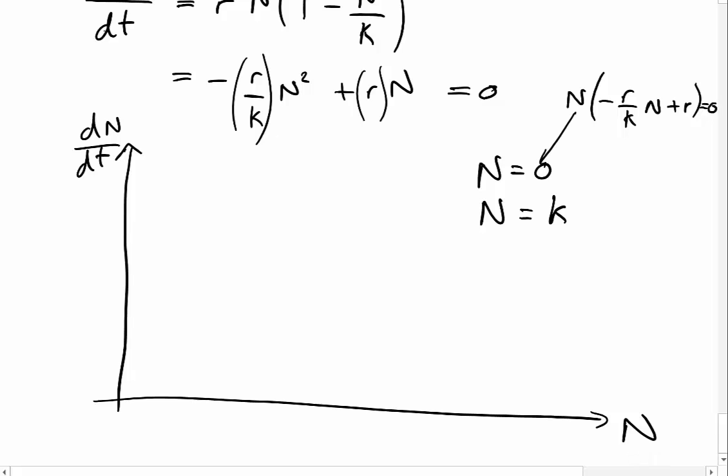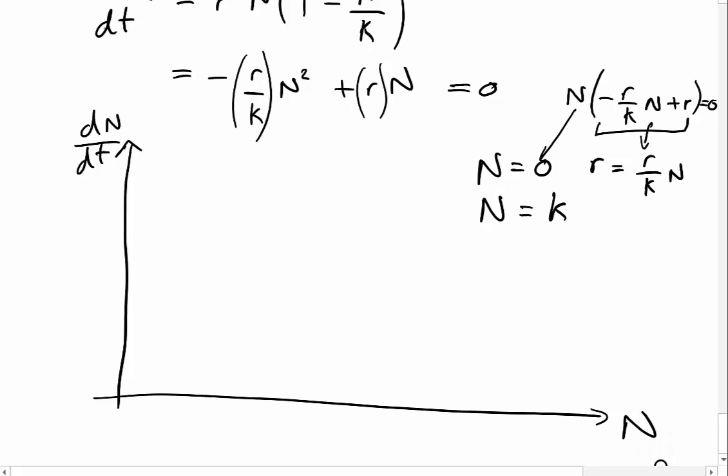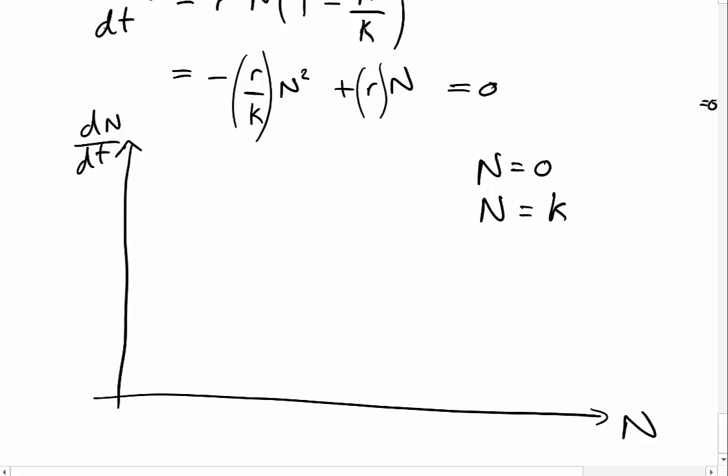Then from that bracket, r equals r over k times n, and the r's cancel, so I just get n equals k. Cool, so those are my two solutions, and you can verify that for yourself if you wish.